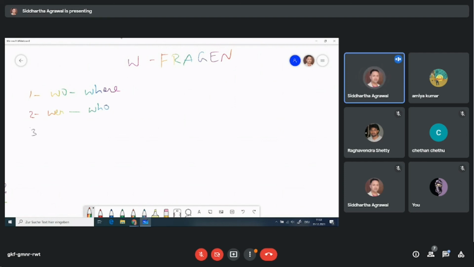Then wen is whom, and the fourth is wem, W-E-M, which is to whom. So here you may observe once again, there are accusative and dative. This wem is dative because it is to whom, and wen is accusative.